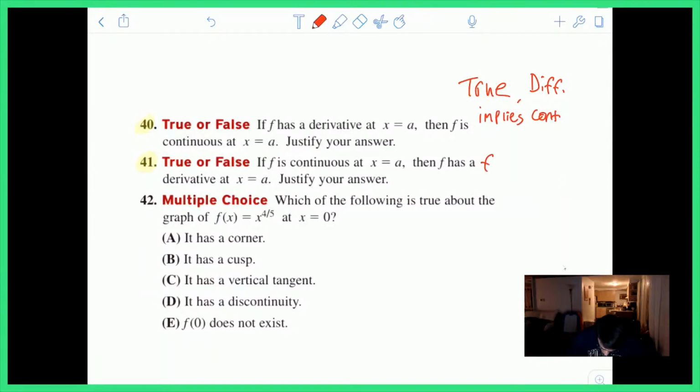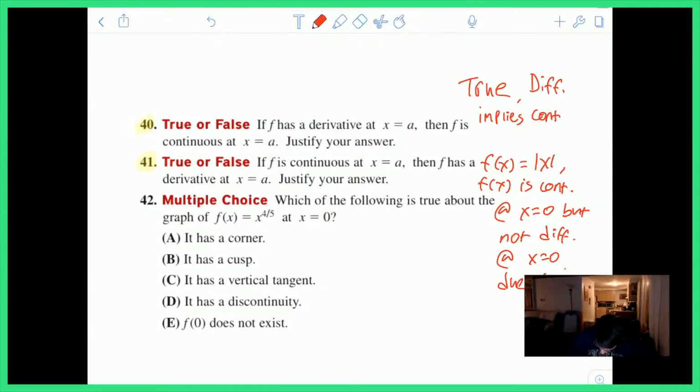If f of x equals the absolute value of x, f of x is continuous at x equals 0, but not differentiable at x equals 0 due to a corner point. Okay, so that's a great counterexample to that claim. Absolute value of x is continuous for its entire domain, but it's not differentiable at 0. All right, so 41 is false.